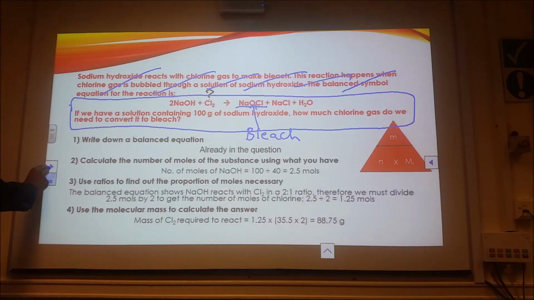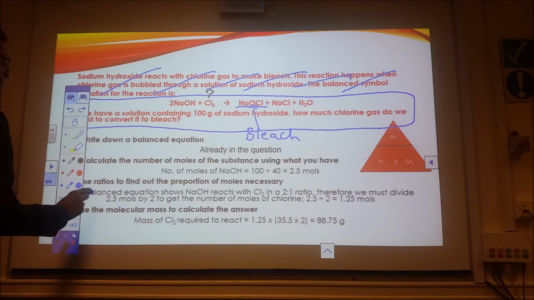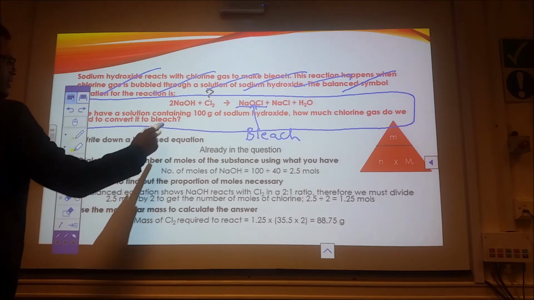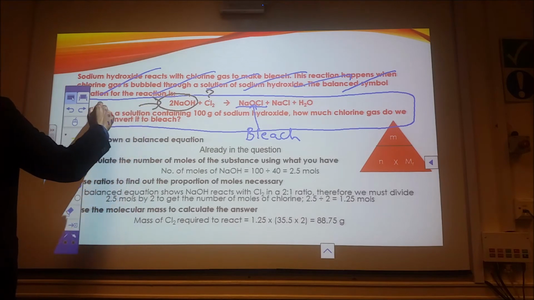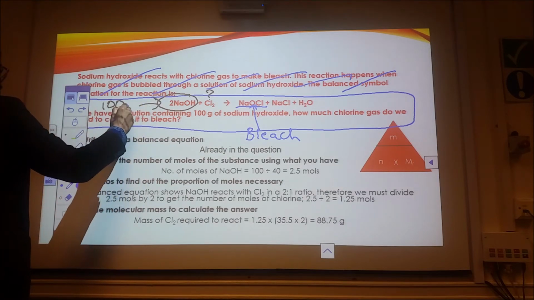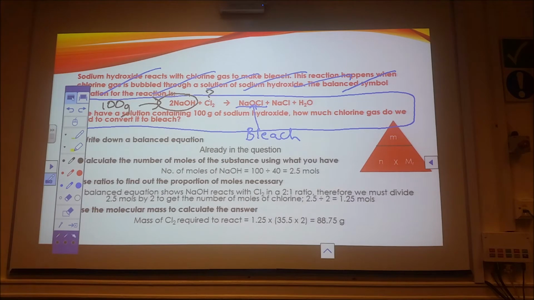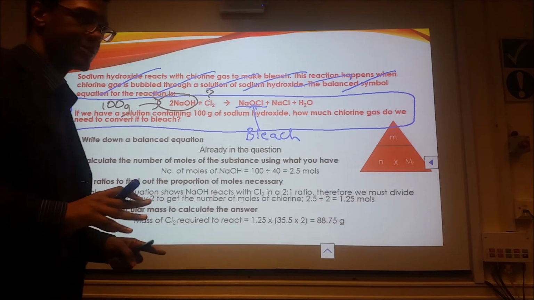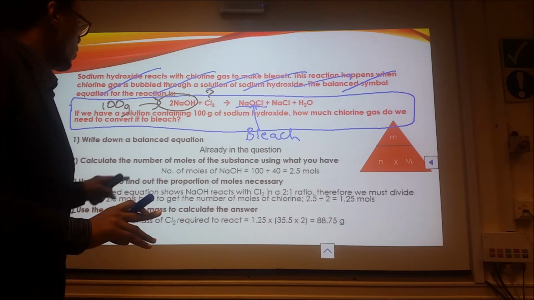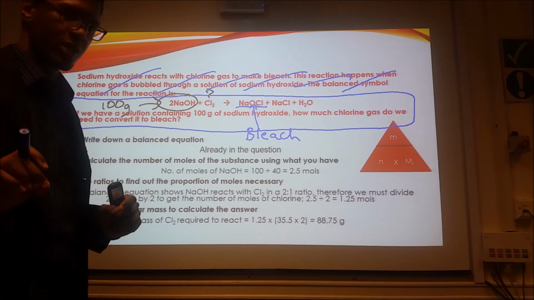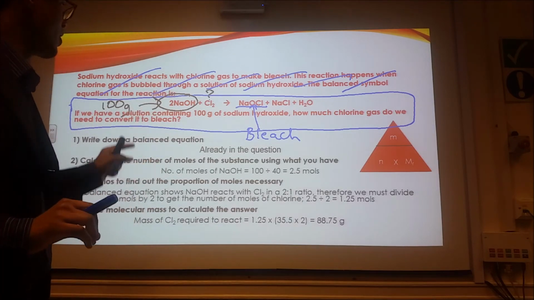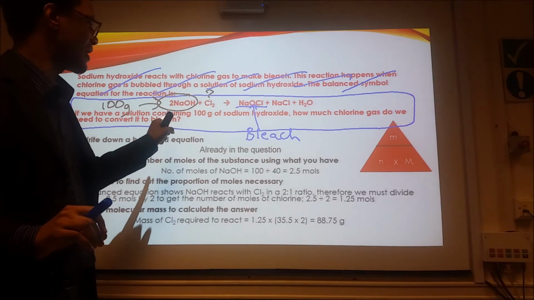So, here is my mass. I have 100 grams of sodium hydroxide. It's important to be really clear here that if you are calculating the molecular mass, when you see a 2 in front of it, you must not, under any circumstances, multiply the molecular mass by 2.